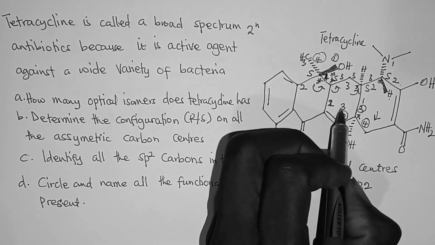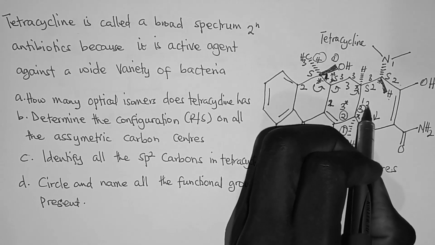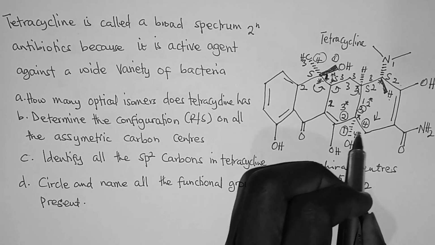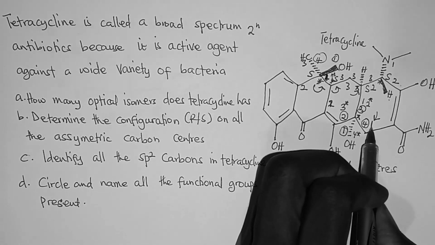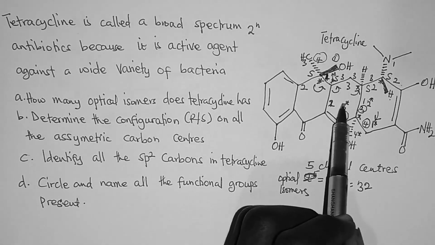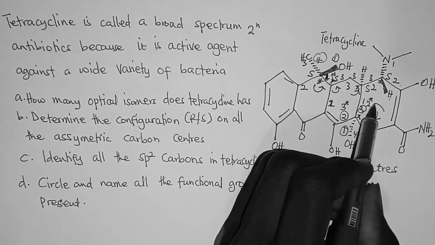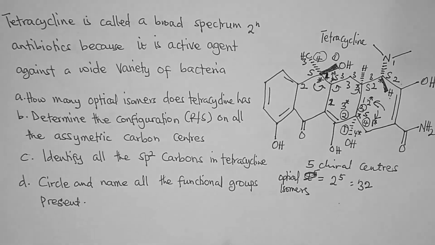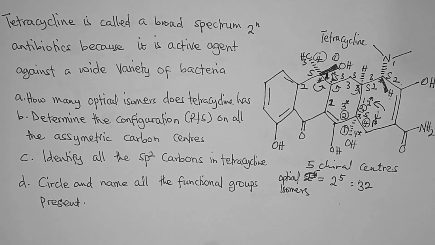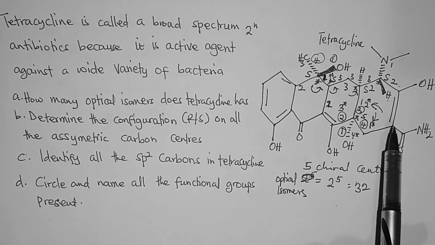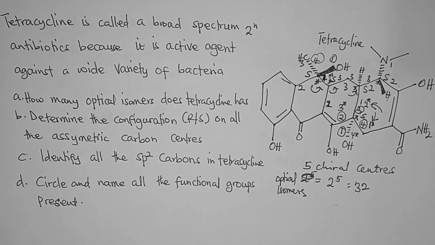So this side becomes 3, and this becomes 2, and then this becomes 4, and this becomes 1. So at the end of the day, it is 1, 2, 3, 4, which is going in the anti-clockwise direction, and therefore the configuration here is also S. So you can see that all the 5 chiral centers in tetracycline are S.